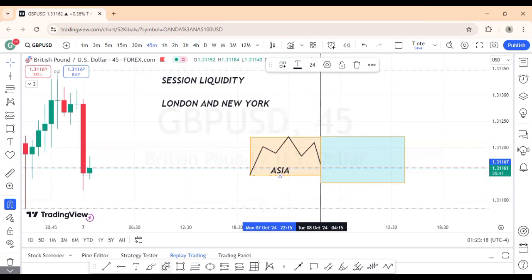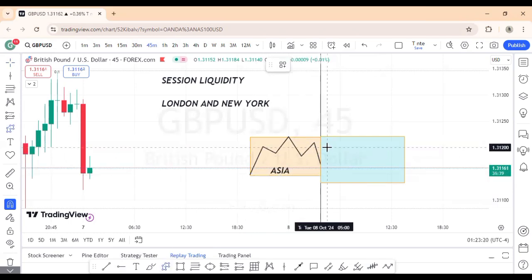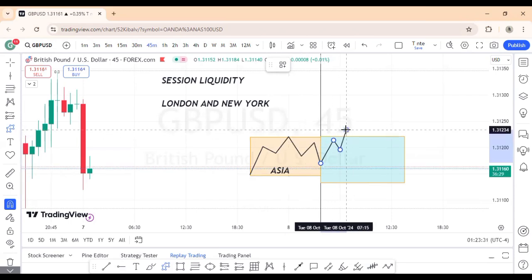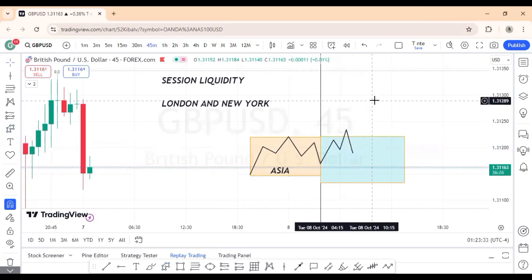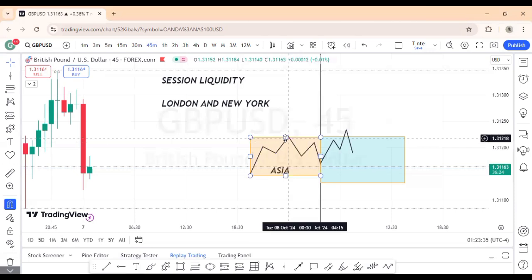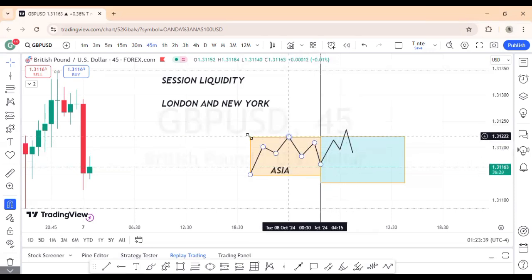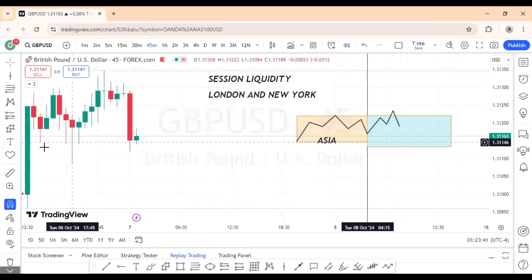Remember what I told you guys, that for price to go down, I want to see price take out liquidity first. The market will likely take out this one and possibly push above this Asian liquidity before it drops. When in the London session, I like to see price take out Asian liquidity, because when the market is about to move, it takes liquidity before moving in the opposite direction.